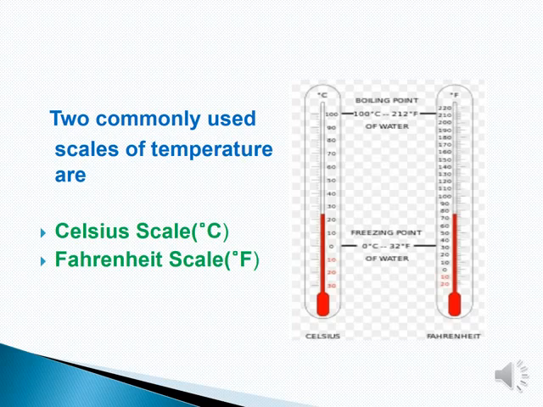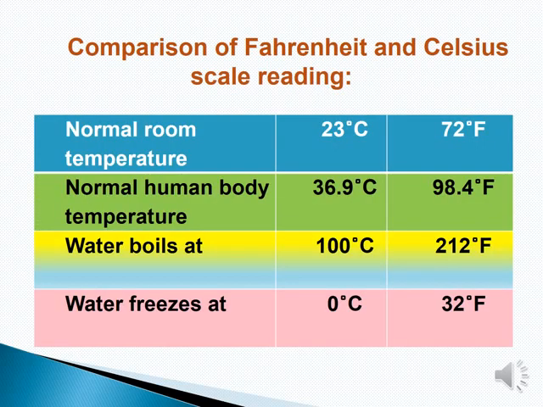Students, let's compare Fahrenheit and Celsius scale readings. Normal room temperature on Celsius scale is 23 degrees Celsius and in Fahrenheit it's 72 degrees Fahrenheit.